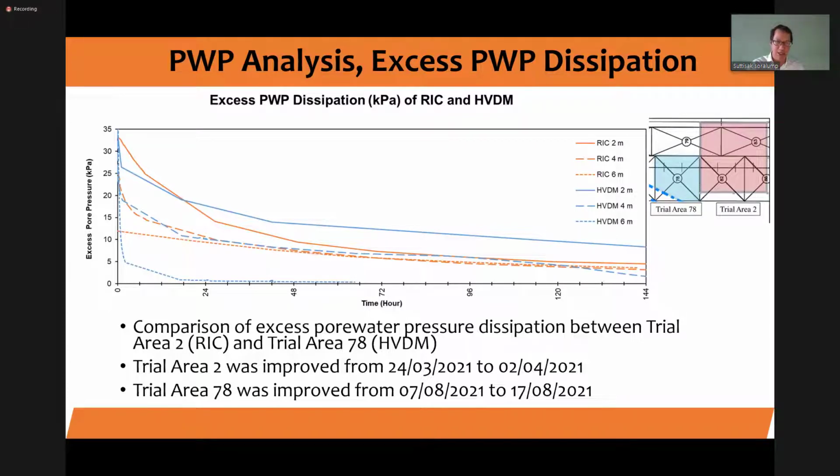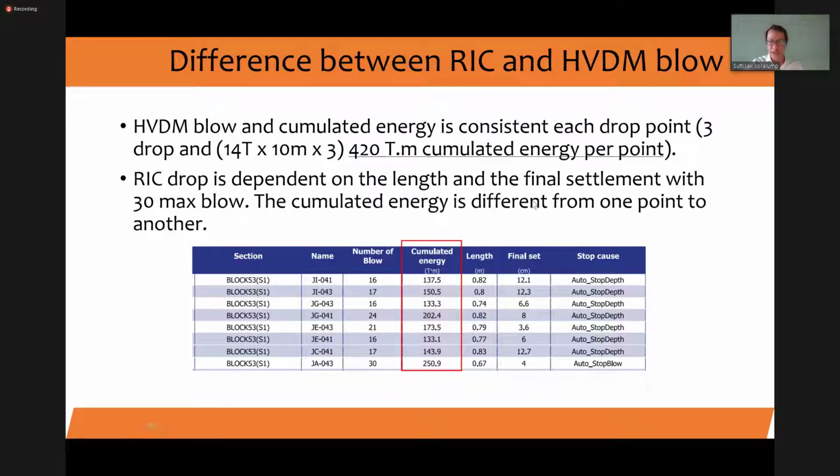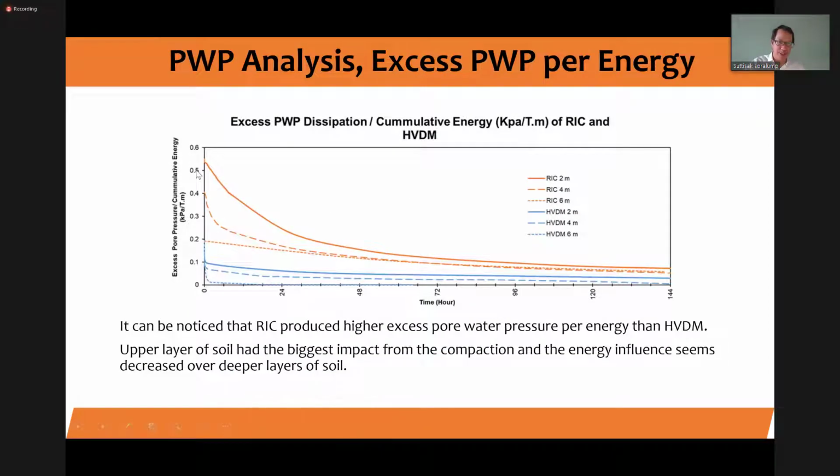So that's why we need to calculate what was the energy applied for each technique. HVDM and RIC have different energy, so we calculate energy, and then we use the energy to normalize excess pore water pressure. Now it seems to make sense.